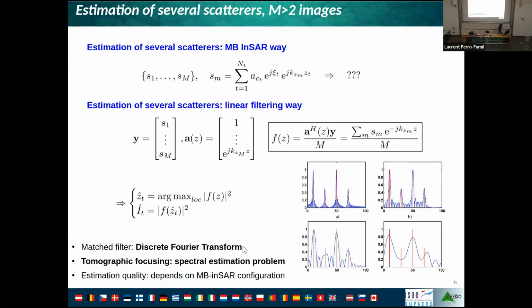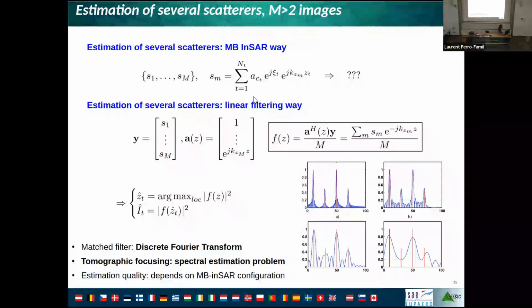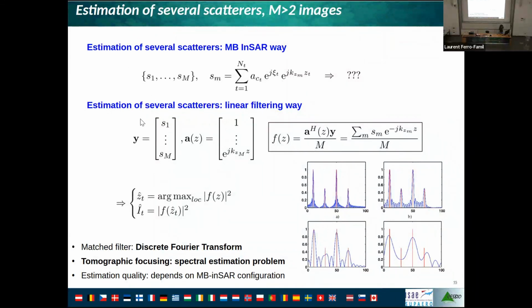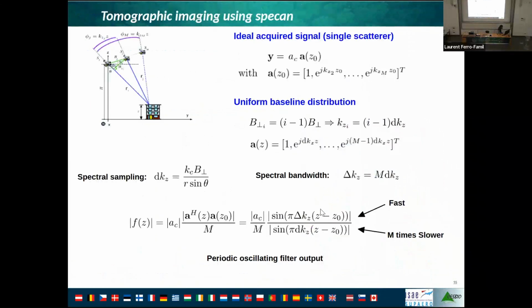So tomographic focusing is just a spectral estimation problem. You receive the data in the domain represented by the images, and you want to go into the focus domain by applying a Fourier transform in elevation, along the different images.